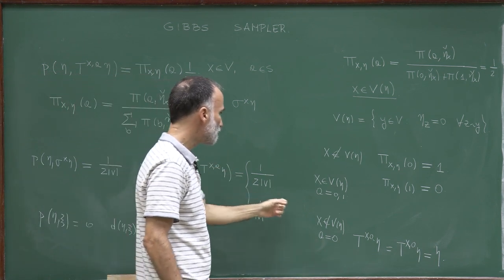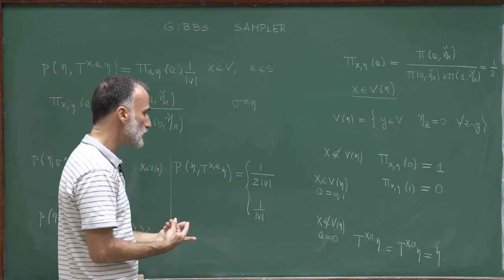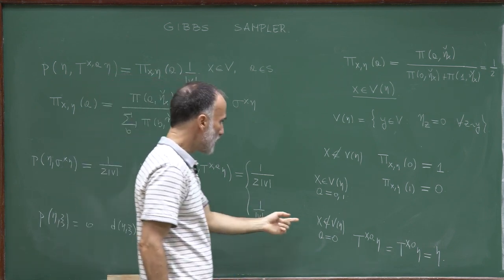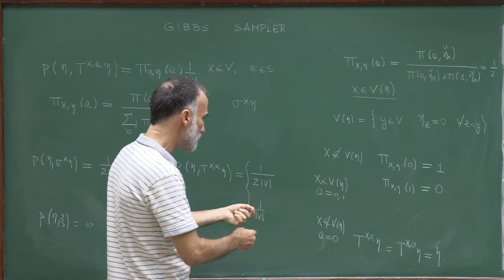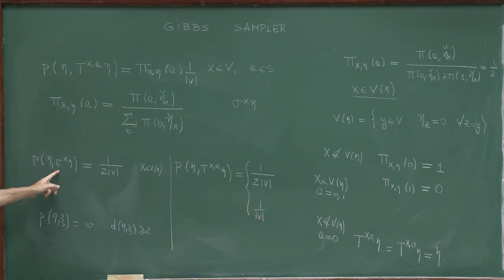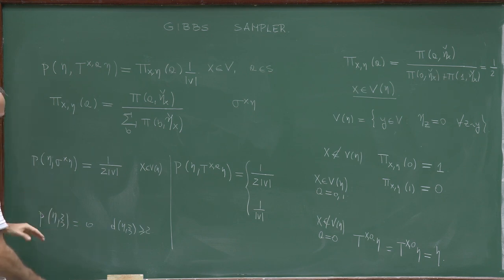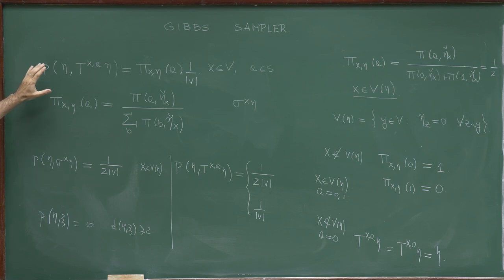But we have seen that in the hard-core model, if x does not belong to V of eta, then you are not allowed to flip. So that probability will be 0. And so these are all possible jumps. I hope it's clear.